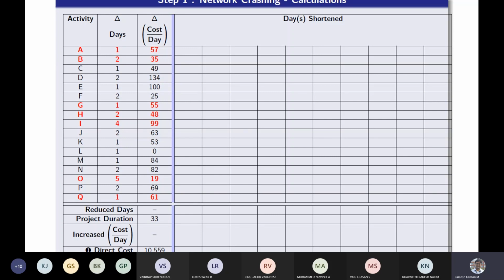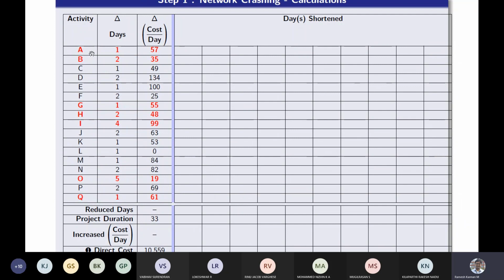So if you take a higher cost slope, then it's not valid, because it is not necessary to provide for jobs that have a higher cost slope. But initially you can exhaust all the least cost slopes, then you can go with the higher cost slope, then it's logical. But when you start with a higher cost slope itself, then it's not correct.